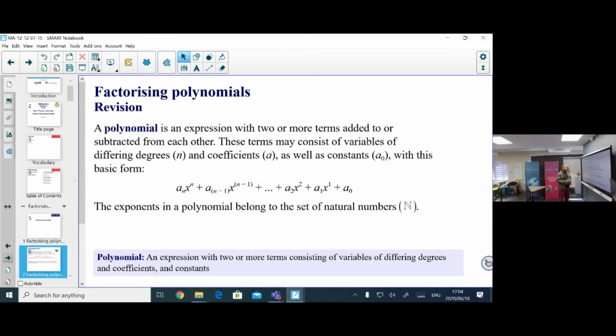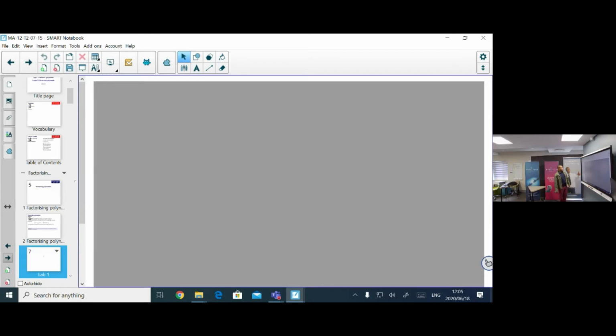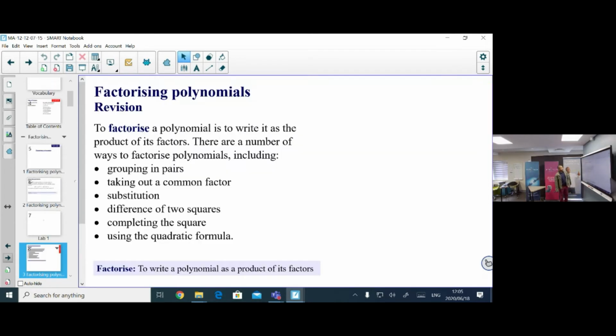What is happening here is simply that it's an expression with two or more terms consisting of variables of differing degrees, coefficients and constants. As you shall see in the many examples that we have, you will have a chance to understand more about polynomials. But what do we mean when it comes to factorizing a polynomial? It is simply to write a polynomial as a product of its factors.